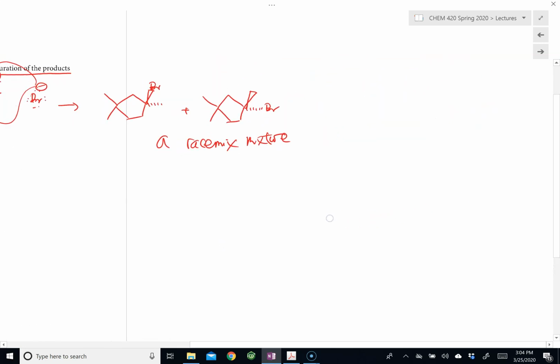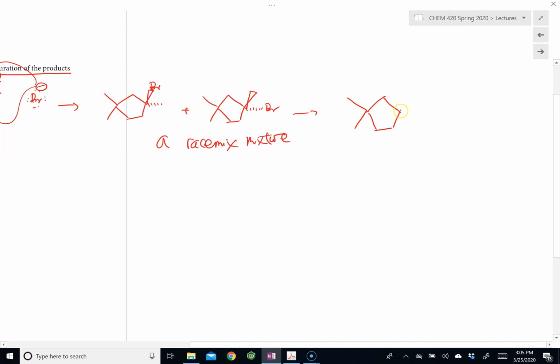And a lot of the time, whenever we have a racemic mixture, instead of drawing the two enantiomers, we can draw a wiggle bond. Whenever a racemic mixture is being produced, we can use the wiggle bond to draw the product, and that would imply that both of the enantiomers get formed.